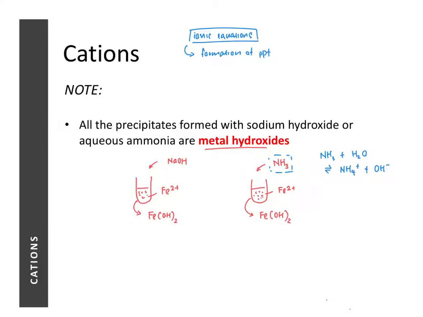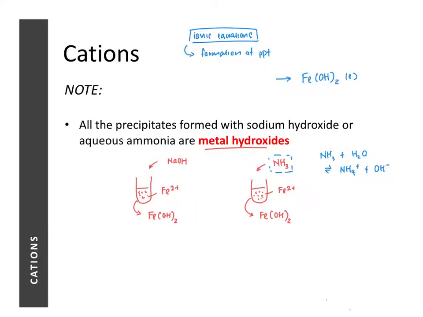Now in writing ionic equations for precipitation reactions, there is a shortcut, and the shortcut is this: you write down the formula of the precipitate first. So iron 2 hydroxide. The fact that it is a precipitate means that it is in solid state. Next, we need to write down the ions that make up this precipitate.